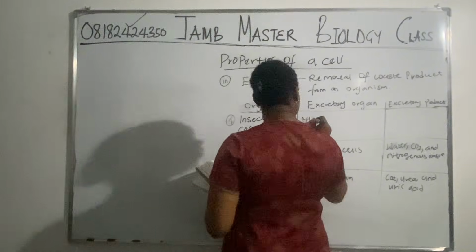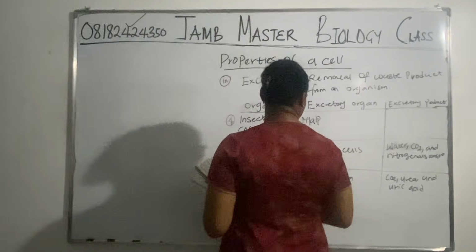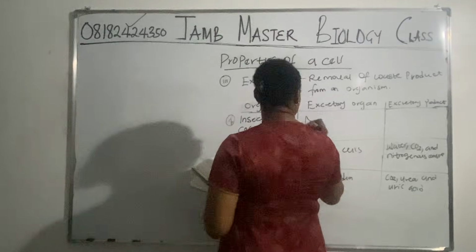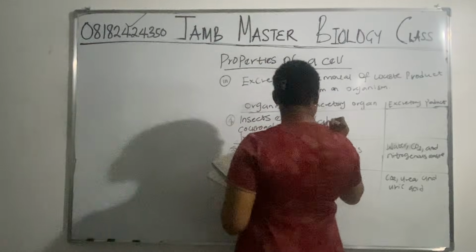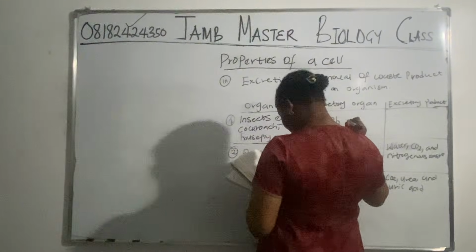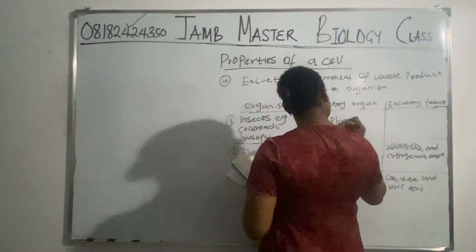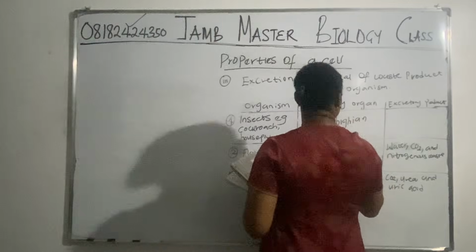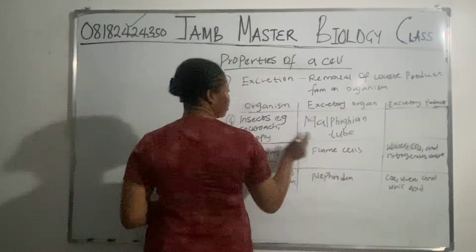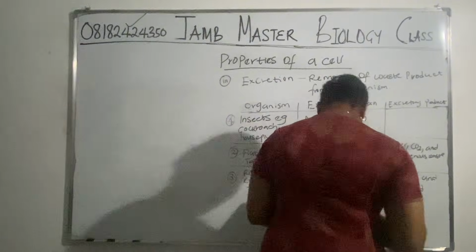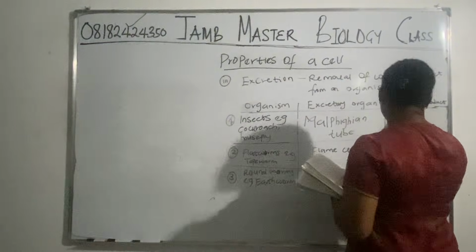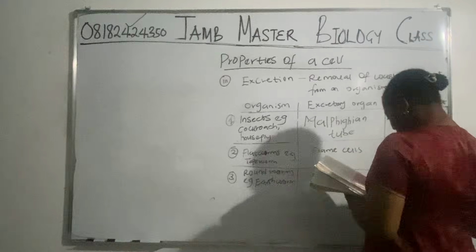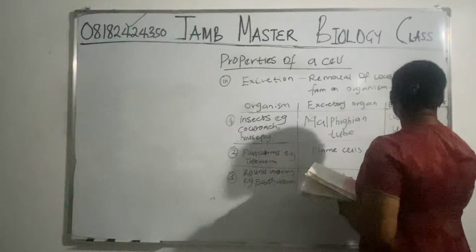Malpighian tube. M-A-L, Malpighian tube. And the excretory products, we have carbon dioxide, we have water, and we have uric acid.